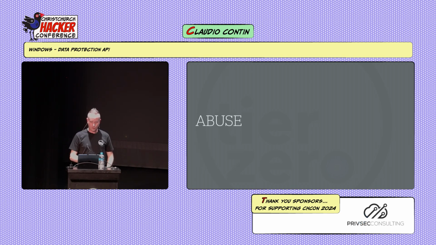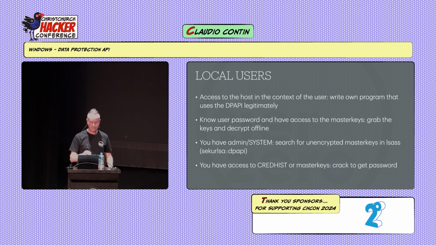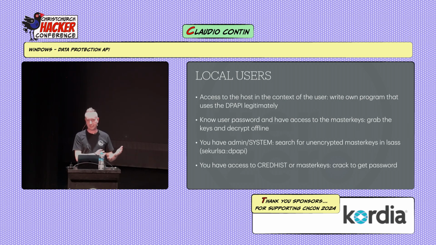So let's have a look at how we can abuse the DPAPI depending on which context we're targeting. For local users, if you're running within the context of the user on the target machine itself, we can literally just write a legitimate program which uses the DPAPI legitimately to decrypt encrypted data.